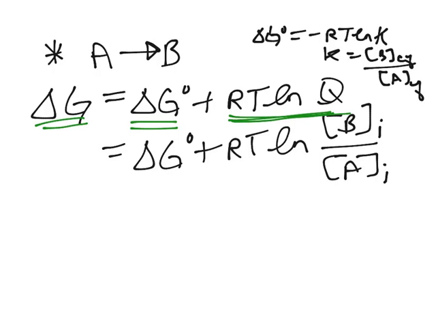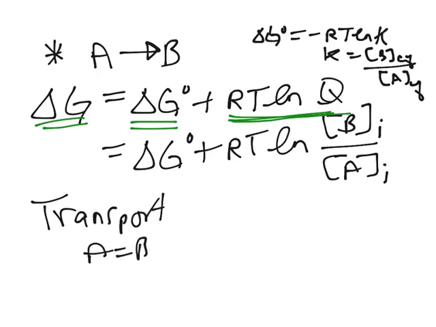When we're talking about transport, A and B are the same molecule. So in the transport mechanism, A and B are the same. We're just moving a solute from one side of the membrane to the other. So since they're the same, delta G naught is equal to 0. There's no bond changes taking place overall. So that means we can write a new equation for the free energy of transport.